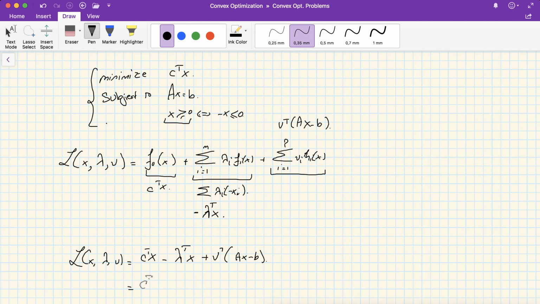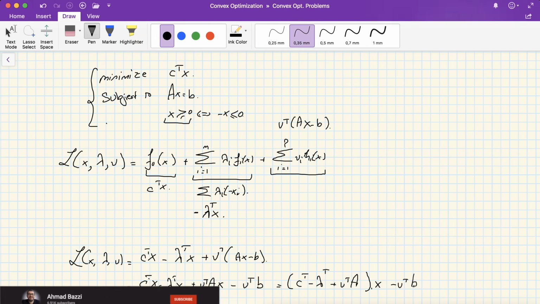Expanding, you will get c transpose x minus lambda transpose x plus nu transpose Ax minus nu transpose b. Collecting all terms that depend on x, you will get c transpose minus lambda transpose plus nu transpose A, times x, minus nu transpose b, right?